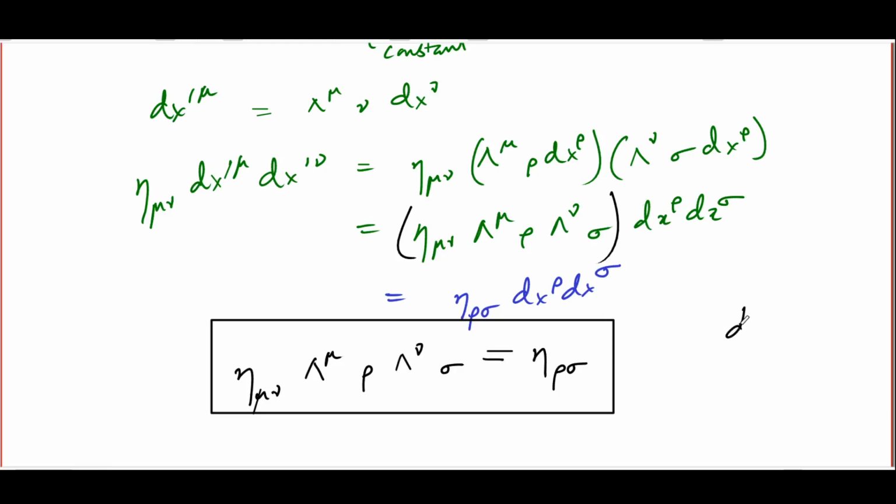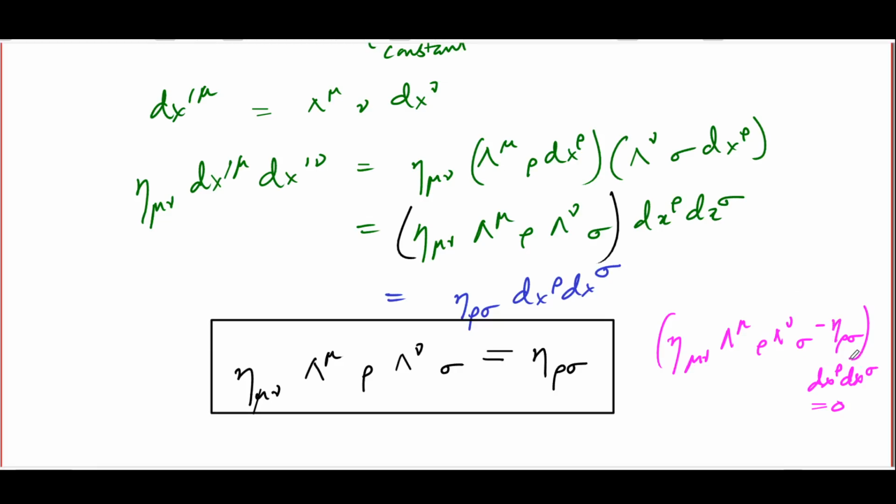Note that this actually implies that eta mu nu lambda mu rho lambda nu sigma minus eta rho sigma contracted with dx rho dx sigma gives you 0. That, of course, is exactly what you get when you subtract these two quantities.